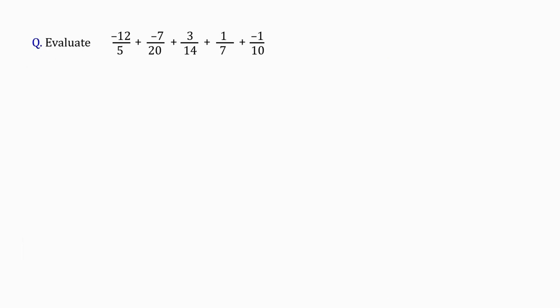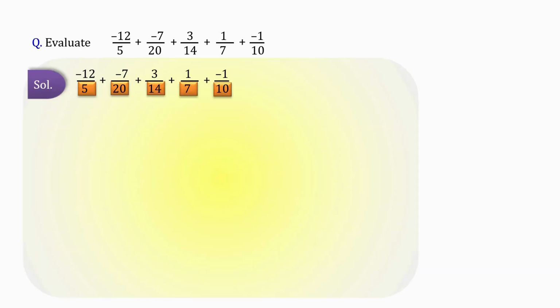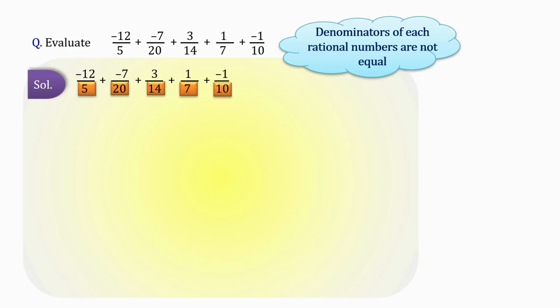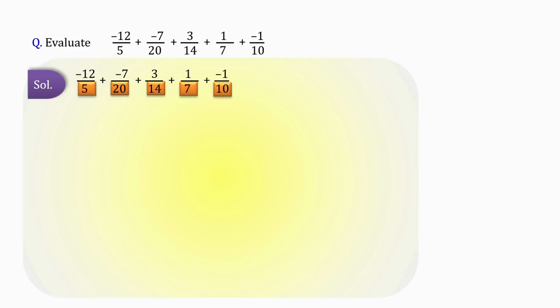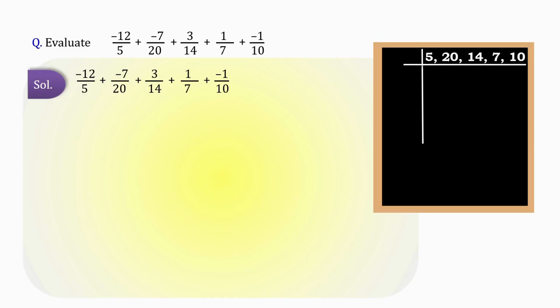So evaluate this expression. So here denominators of the rational numbers are not equal. So again we have to take the LCM to make them equal. Let's see step by step.